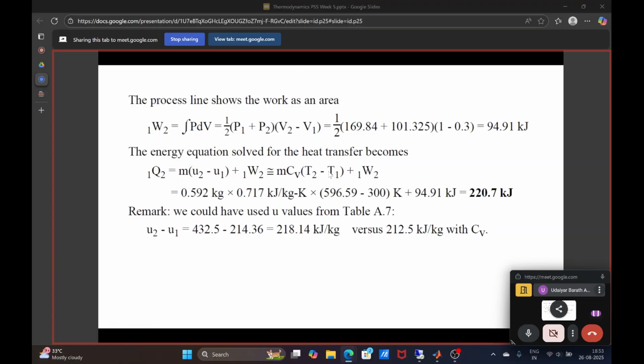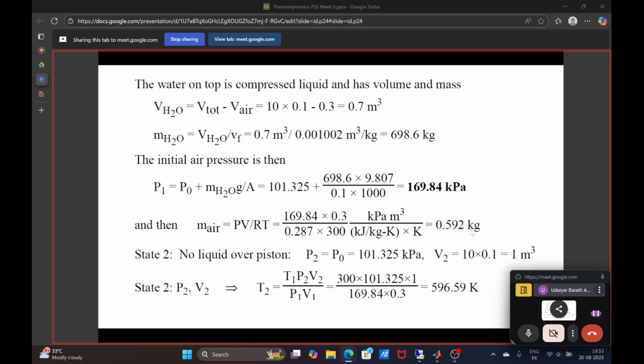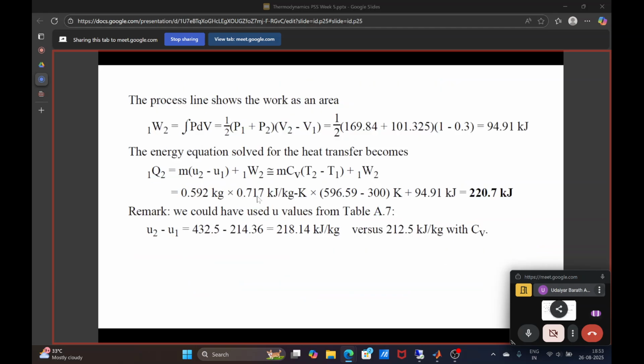So you get m Cv delta T plus the work done. Mass of air, which we have found, is 0.592, times your Cv of air, which is 0.717, multiplied by the change in temperature, which is 596.59, the final temperature, minus the initial temperature of 300, plus the work done, which we found to be 94.91 kilojoules. So this comes out to be 220.7 kilojoules.